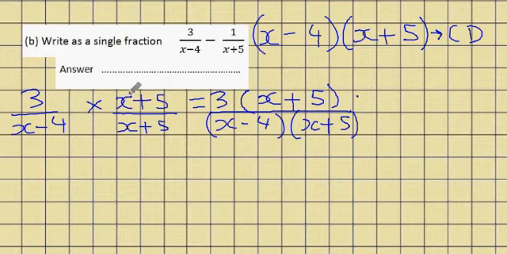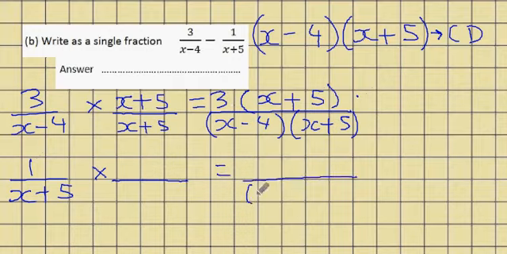So now we have the second fraction that we need to convert, 1 over x plus 5. To make the denominator the common denominator, which is x minus 4 times x plus 5, we can see that we've already got x plus 5.